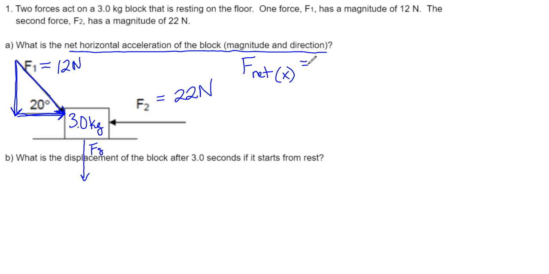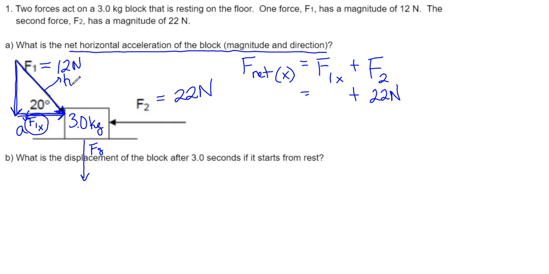So we will go ahead and call this F1x, F1 in the x direction, plus our F2 because it's only in the x direction. Our F2 is 22 newtons. Our F1x, in order to figure out this horizontal component, is the adjacent side to 20 degrees. This is the hypotenuse, so we're going to use cosine.